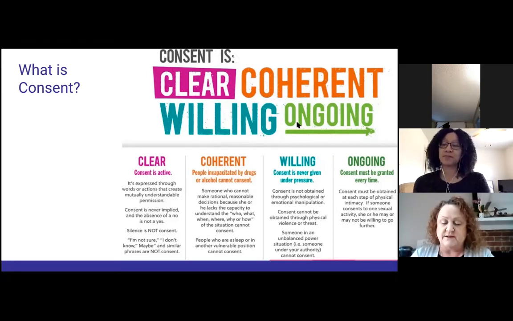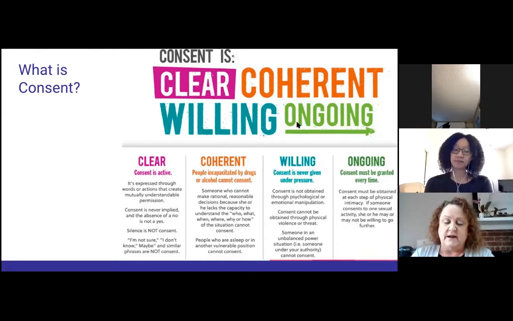So if someone consents to one sexual activity, that doesn't necessarily mean they'll consent to the next. So that's the four things that we talk about there. It needs to be clear, coherent, willing, and ongoing. And then go to the next slide.